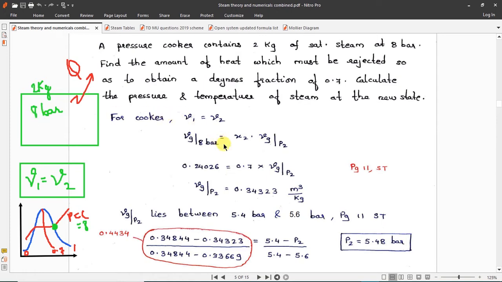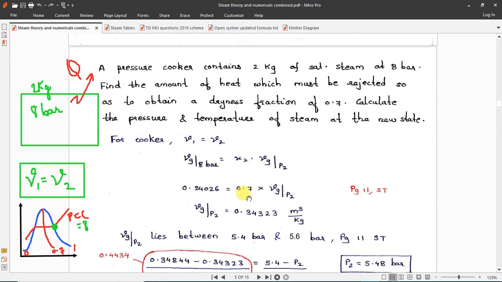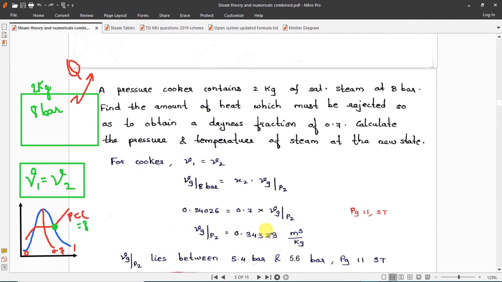Now in this equation, everything is known except vg at P2. So we will get vg at P2 as 0.34323 meter cube per kg. Now this vg at P2, we have to find.